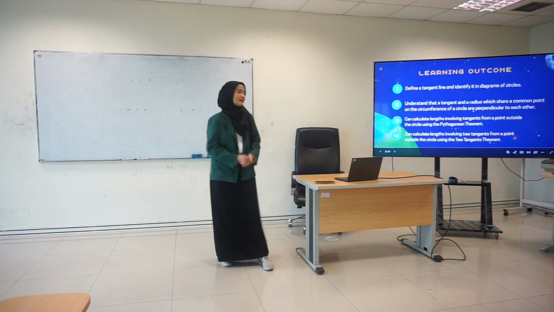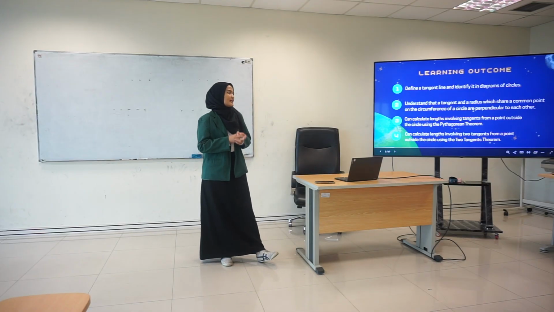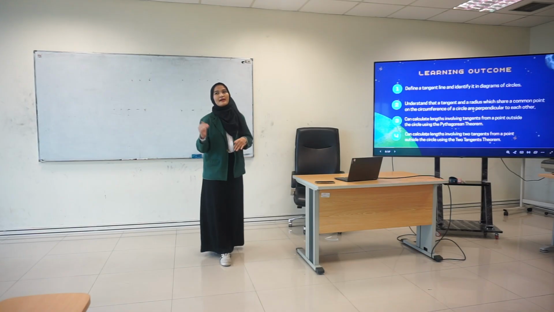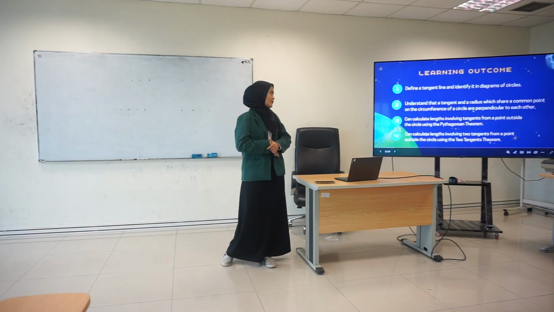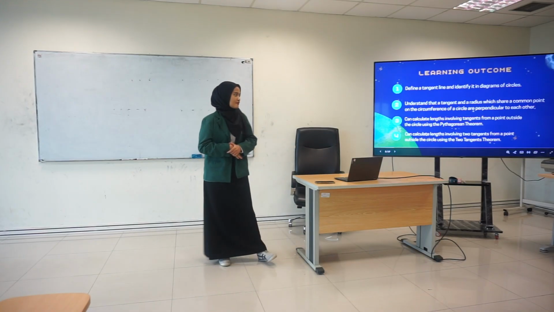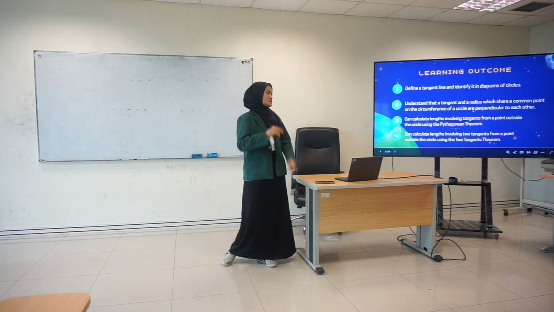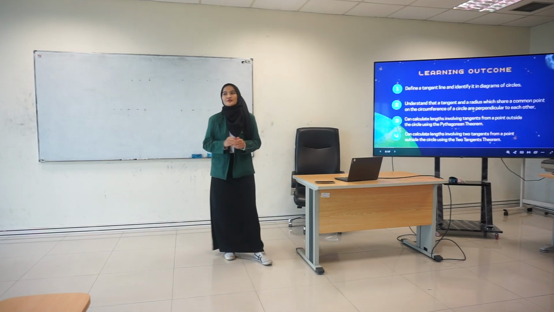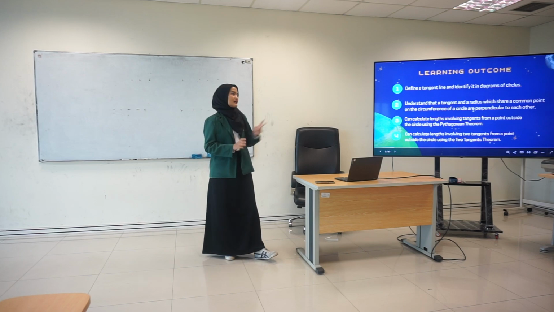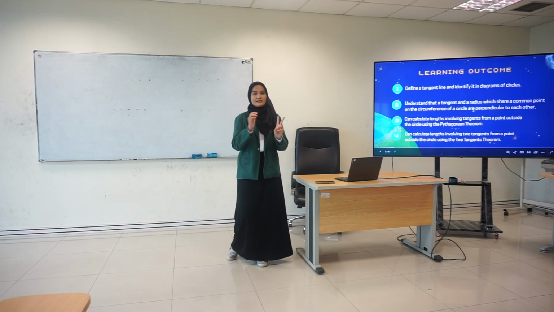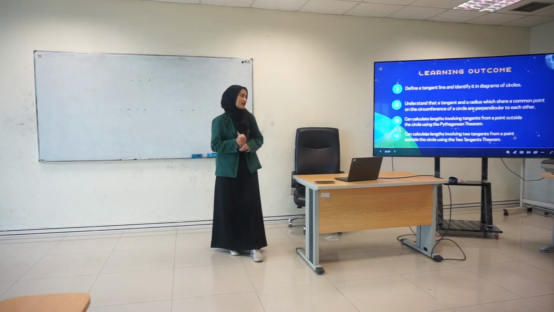Third, calculate lengths involving tangents from a point outside the circle using the Pythagorean theorem. And fourth, calculate lengths involving two tangents from a point outside the circle using the two tangents theorem. So for today, you're going to learn two theorems: the first is the Pythagorean theorem, and the second is the two tangents theorem.